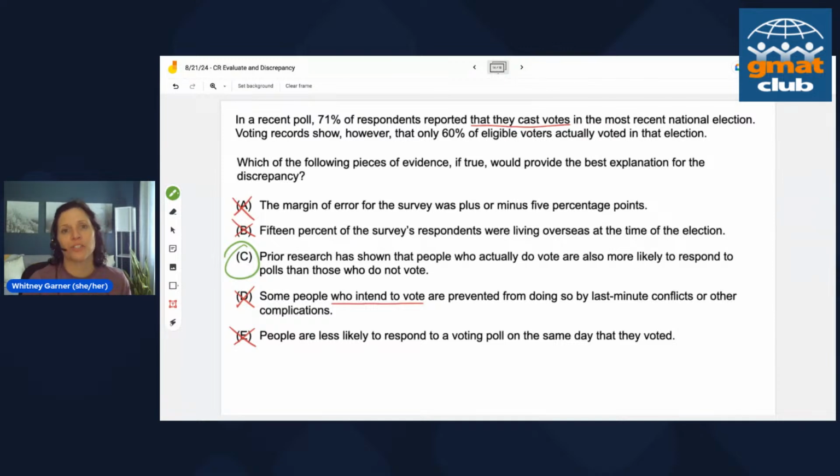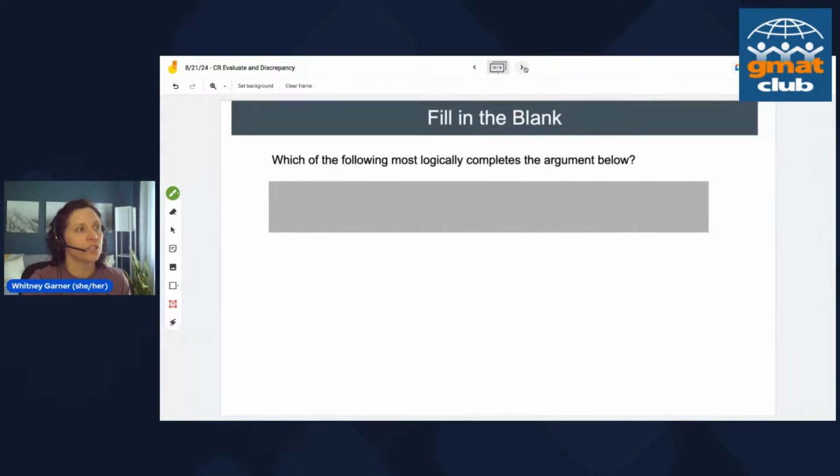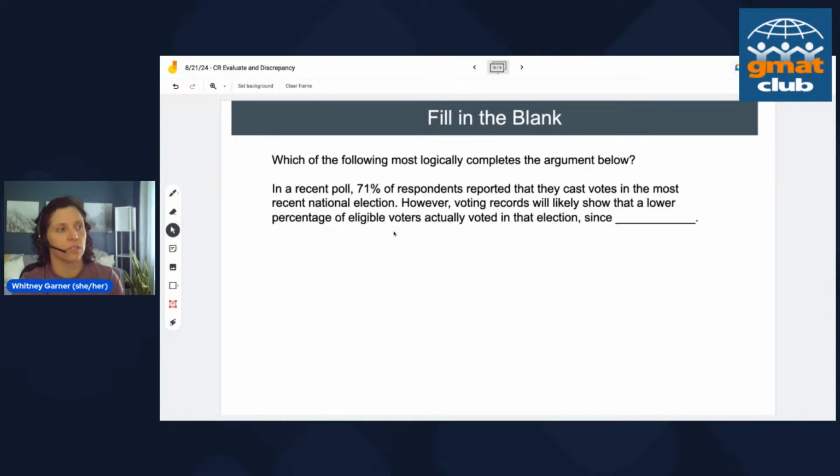Now, there's one other question type that we promised you on the agenda, and that one other question type is a fill in the blank. Here's the fun news. You just did a fill in the blank question. It turns out that the vast majority of fill in the blank questions are just discrepancy. And the way we can tell is the word before the blank will be something like since or because, but they'll be in a sentence with a however, meaning we're supporting the contrast.